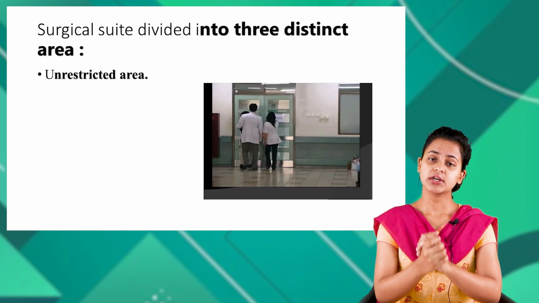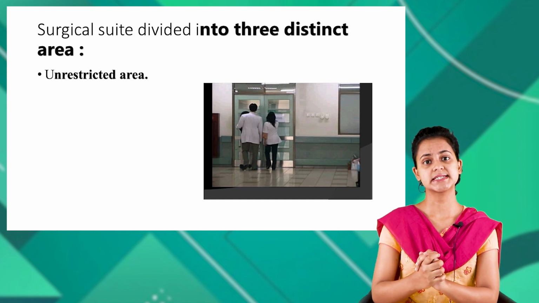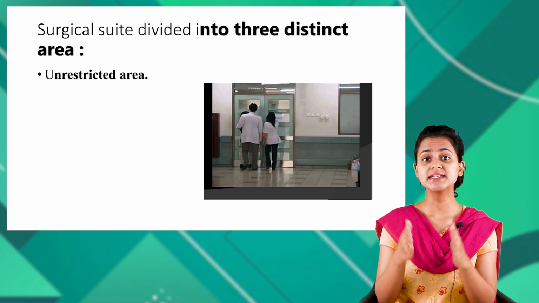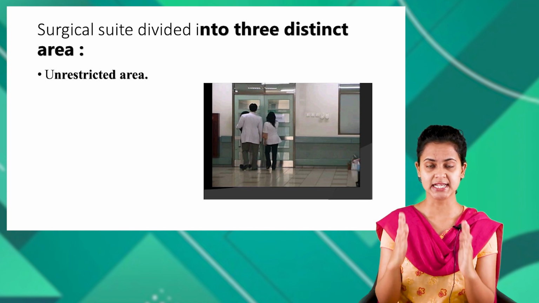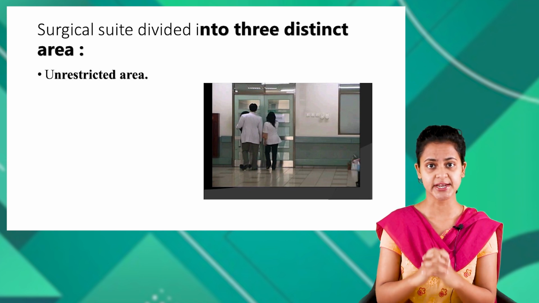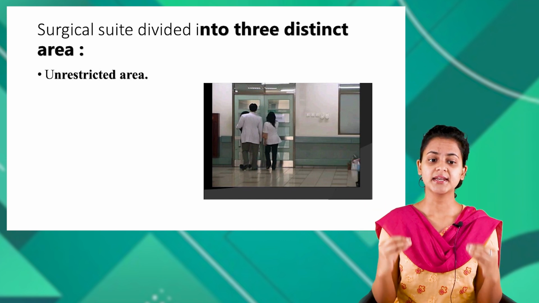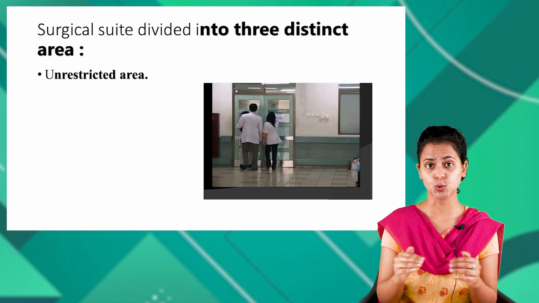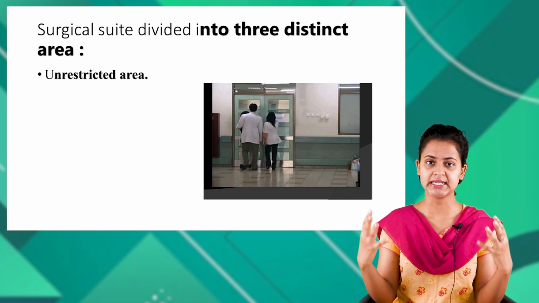So here we are going to see the surgical unit basically will be divided into some distinct areas. These distinct areas are classified under three sections. The first area is the unrestricted area, which is also called a non-sterile area.